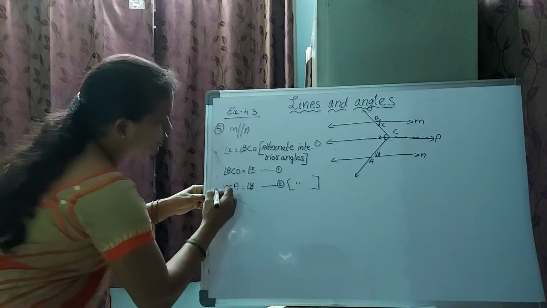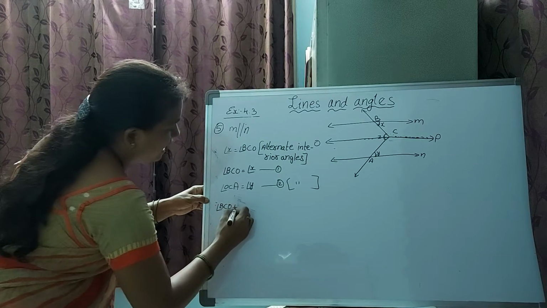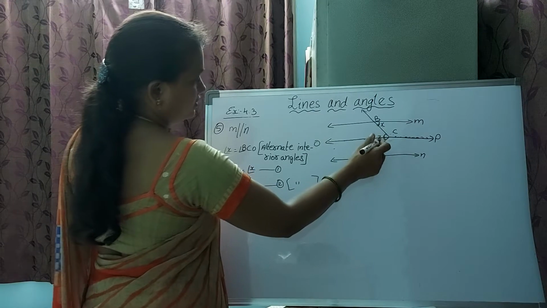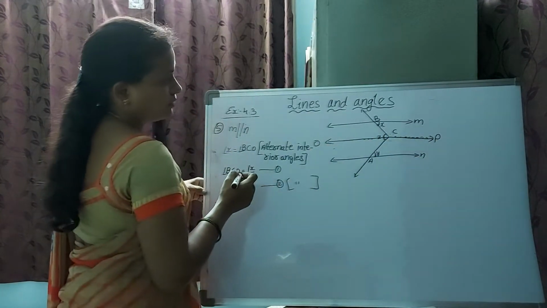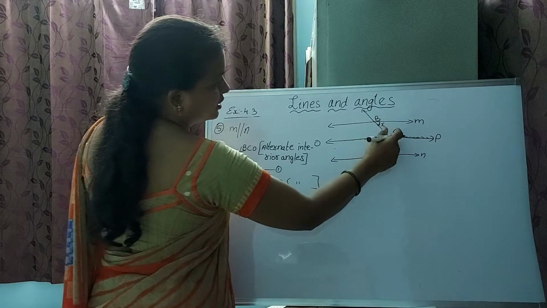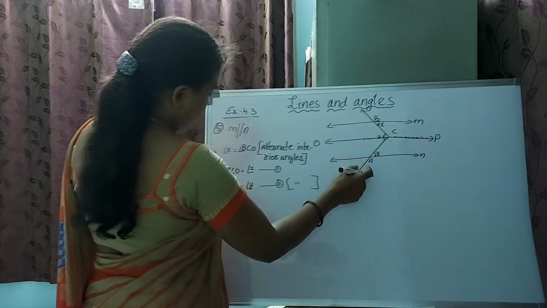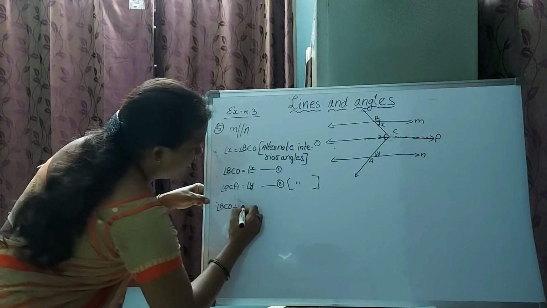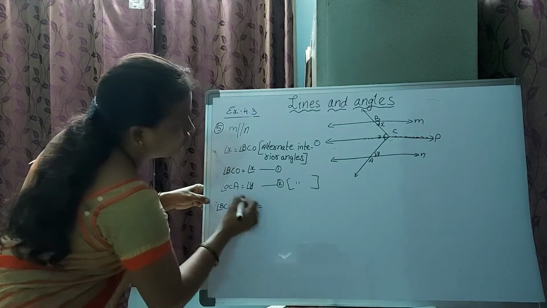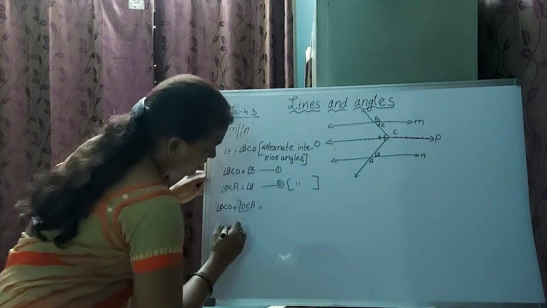So add 1 and 2: angle BCO plus angle OCA is equal to the full angle. What is that angle? The complete angle BCA.